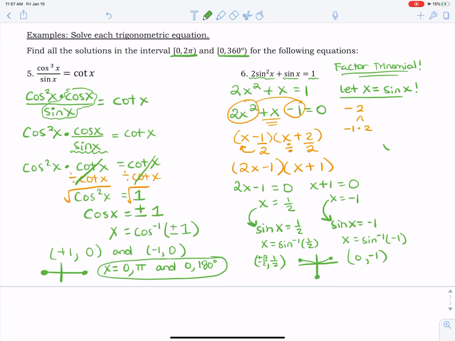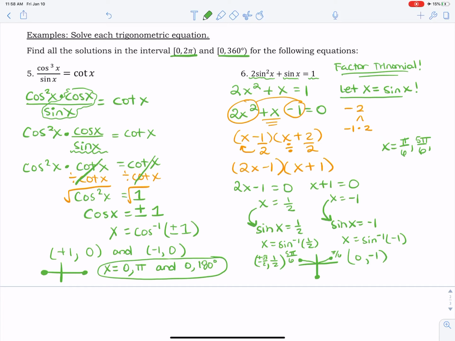We want to put them in radians and in degrees. So our first answer is going to be pi over 6. Oh, not 2. This one's going to be 5 pi over 6, because it's 1 less in that quadrant. Your numerators are 1 less than the denominator.